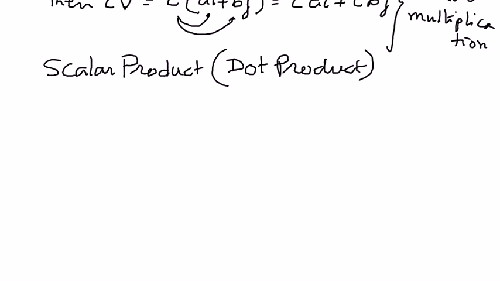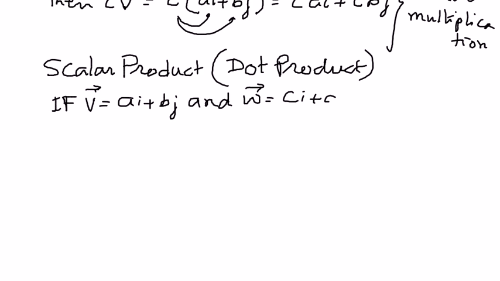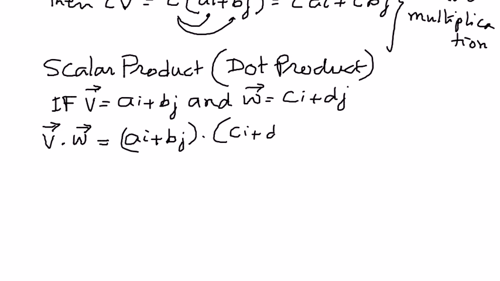And in here, if V is a vector, AI plus BJ, and if W is another vector, CI plus DJ, then the scalar product or the dot product, which is written as V dot W, is equal to (AI plus BJ) dot (CI plus DJ).